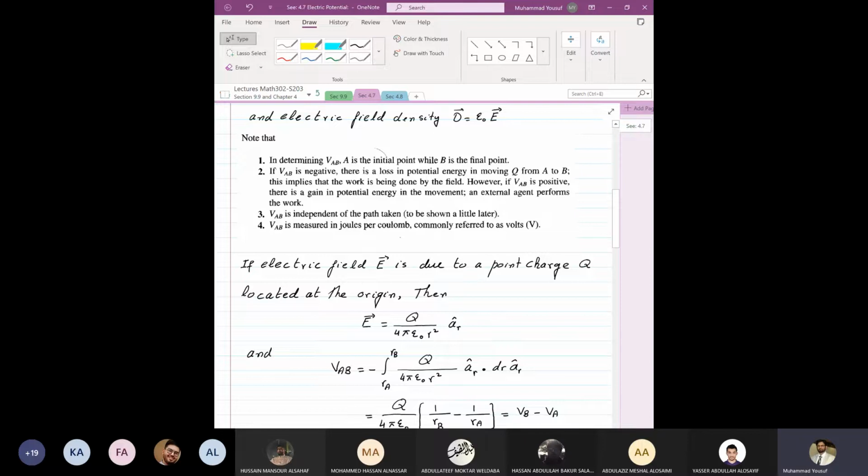Now remember, what are r_A and r_B? r_A and r_B are the magnitudes of the vectors from the origin to A and from the origin to B.